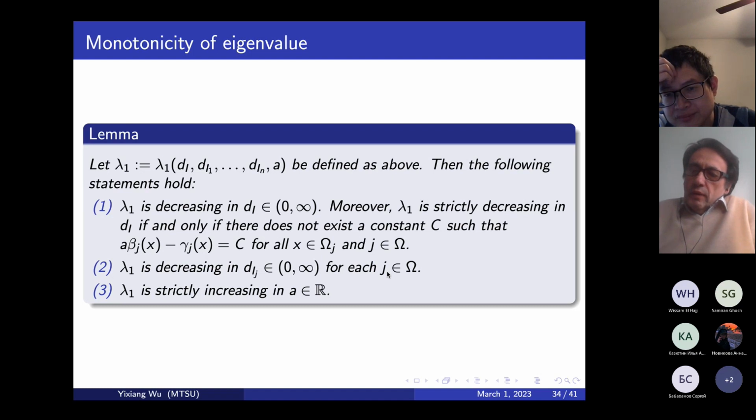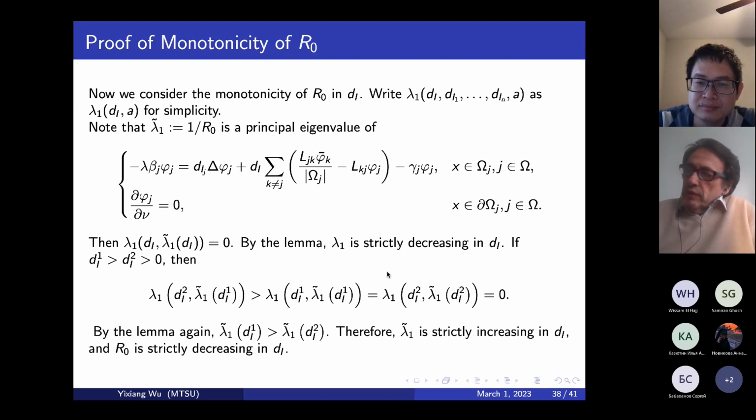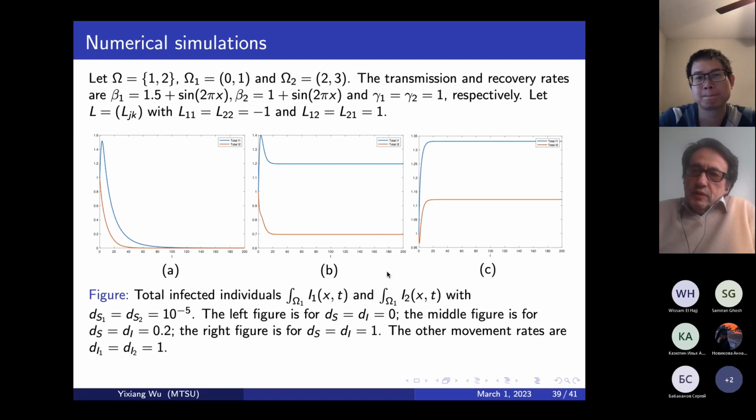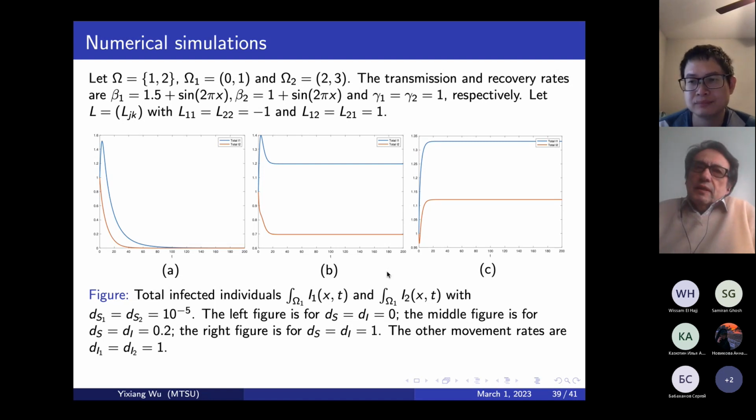You also told us that if DS goes to 0, the number of infected goes to 0. So the same question: how can we understand that? Why does limiting the motion of susceptible individuals decrease the number of infected people?